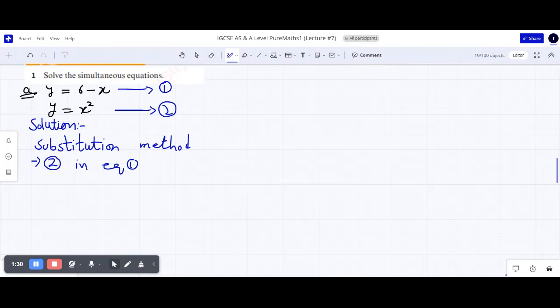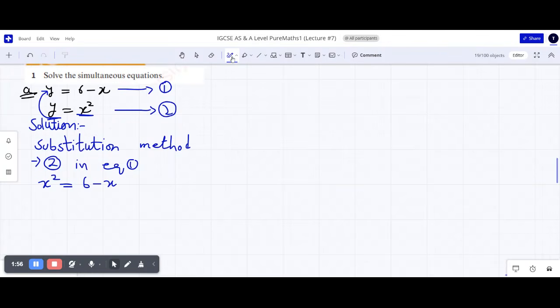It means instead of y, the y value is x squared in equation 2. So instead of y, we will replace it with x squared. It would be x squared equals 6 minus x.